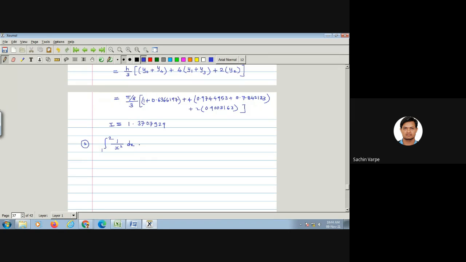Actually, the number of subintervals is not given, only the length of the interval is given. So we have been asked this question in two parts. In the first one, take h to be 0.5, and in the second part, consider h to be 0.25.